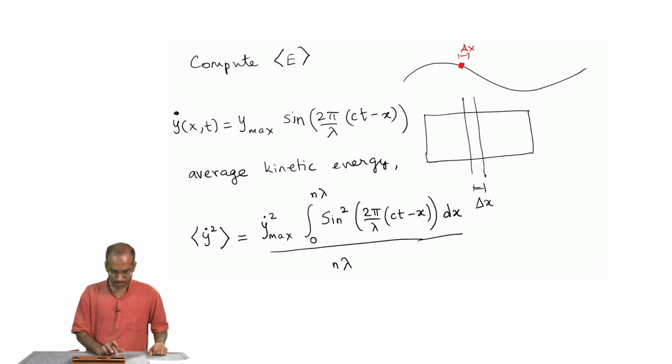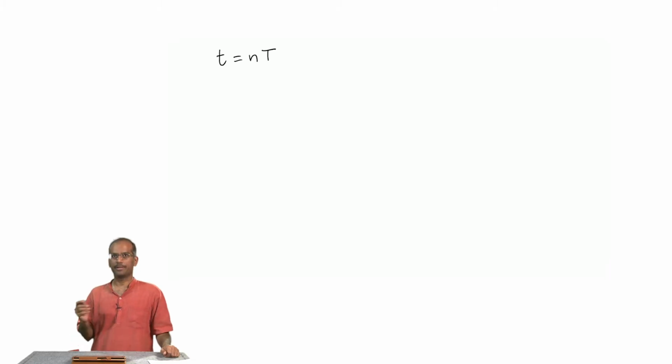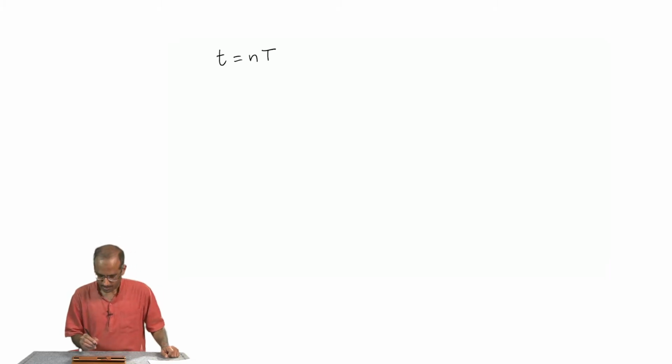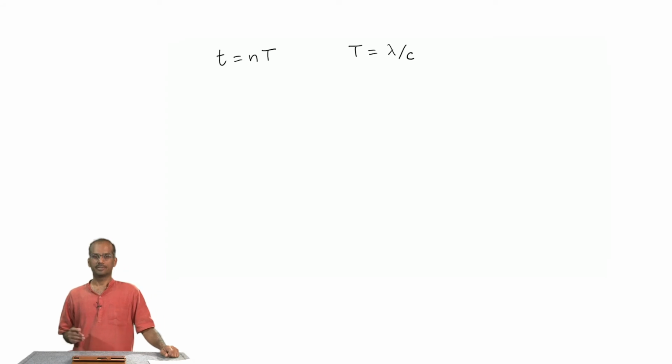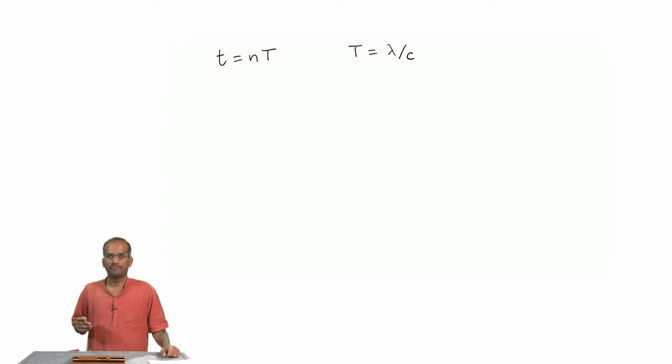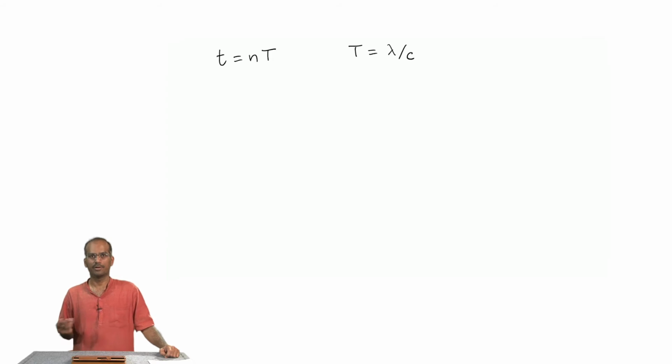While doing this integral, we need to keep in mind that we are integrating over a total length equal to n times lambda, and t will be n times the time period, and of course, the time period itself will be given by lambda by c, where c is the phase velocity or velocity of the wave.